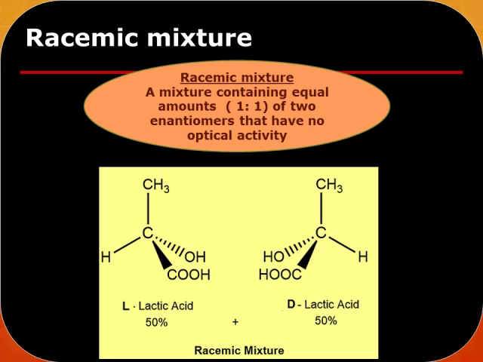Why is it called racemic? As I said, the term racemic came from grapes. Grapes have tartaric acid, and the tartaric acid compound has both enantiomers in equal amounts. That's why it is called a racemic mixture. Understood?